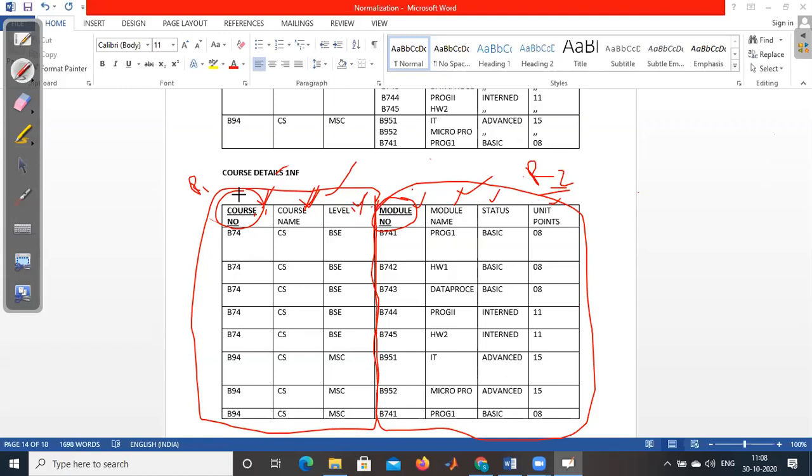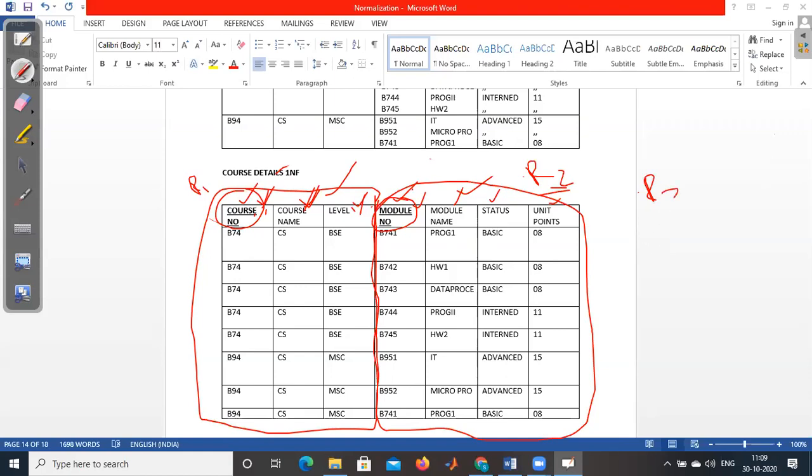So it should be a lossless decomposition. That means if you combine these two, you should get the original relation. So in order to make that lossless decomposition, one more table should be there. That is the module course number and module number. That is the relation R3.